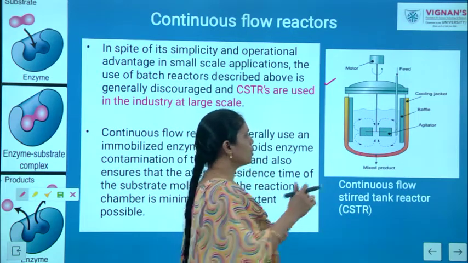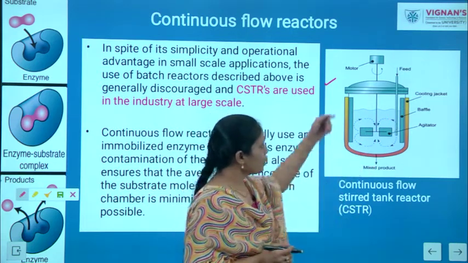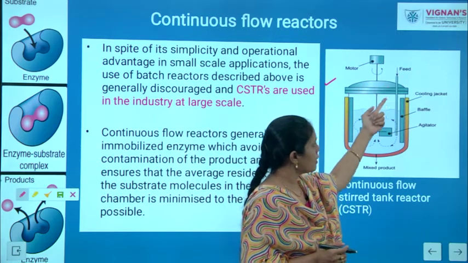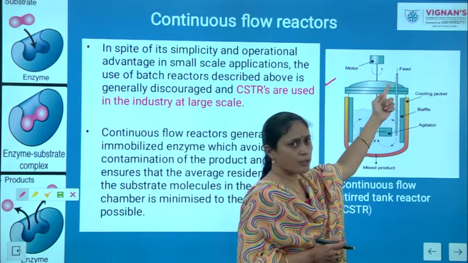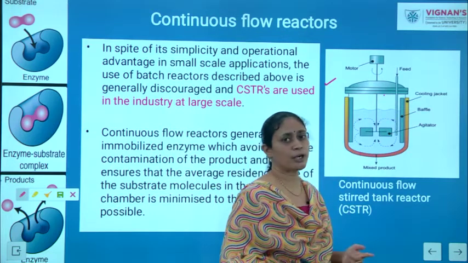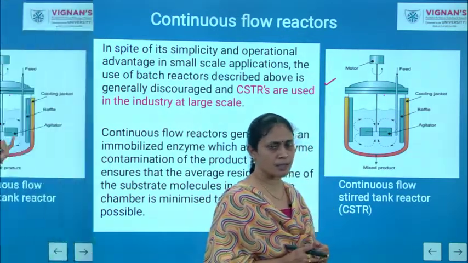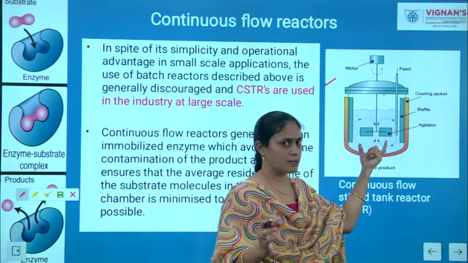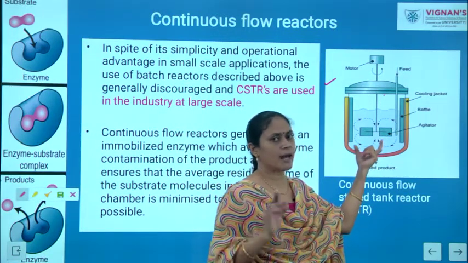And you also have baffles and a proper point through which you can continuously supply your feed, which is nothing but your substrate. This is the case where you are going to use immobilized enzyme.